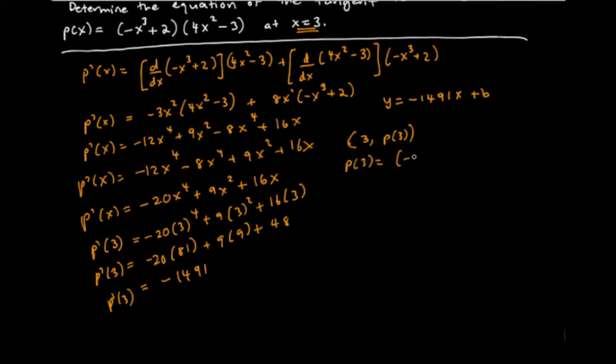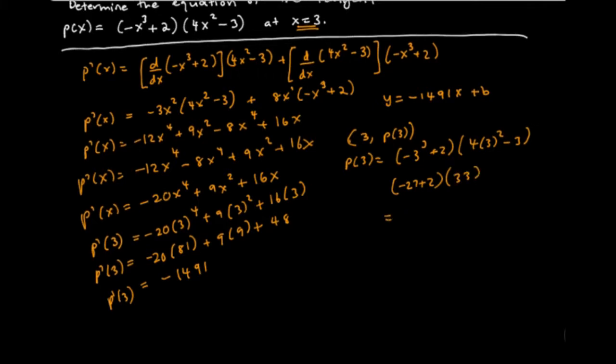So p of 3 here is basically negative 3 cubed plus 2, times 4 times 3 squared minus 3, which is negative 27 plus 2, and 36 minus 3 is 33. So that's going to give you negative 25 times 33.